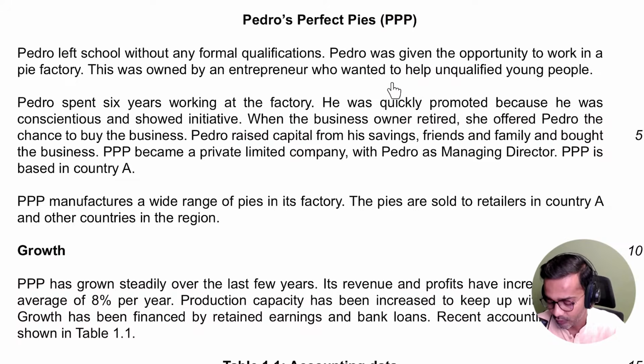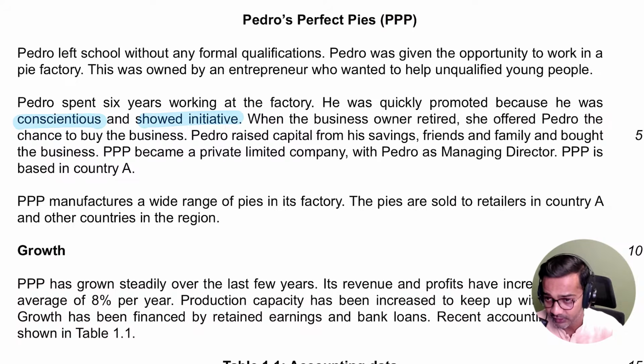Pedro found a home in a pie factory. Pedro spent 6 years working at the factory, and that's a decent enough time. He was quickly promoted because he was conscientious and showed initiative. So you're going to have some skills even if you didn't stay in school for long, and he was able to develop them. He wanted to be somebody, that's what they're saying, and he showed initiative, so he moved forward.